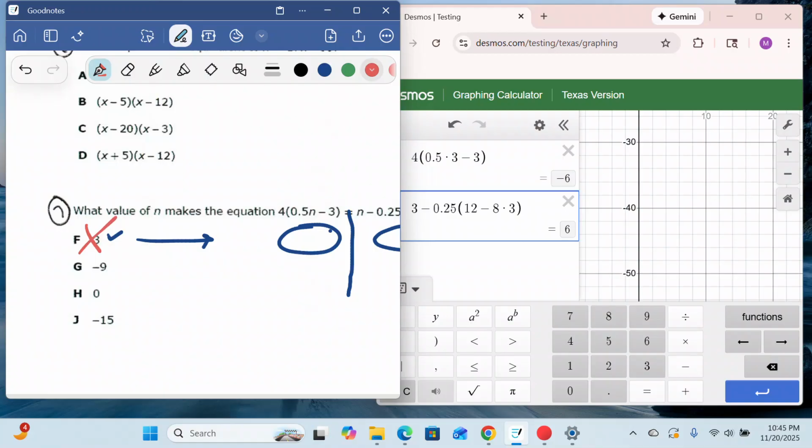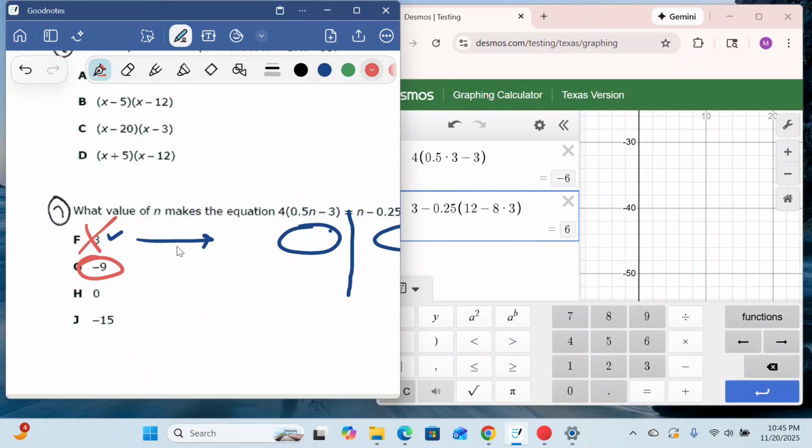Then I would check the second one with negative 9. I don't have to re-input every single one of them. All I have to do is change the n: instead of 3, I'm going to put negative 9. And I'm just going to input that and see if it equals.